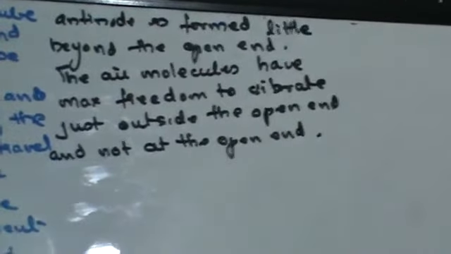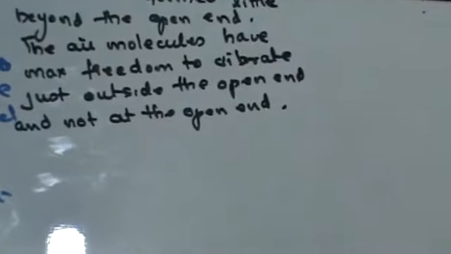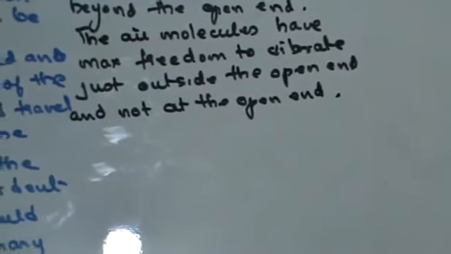Right? Therefore the length at which you would have resonance taking place would change. So I can say that the distance of the point where the antinode is actually formed from the open end of the tube is called the end correction. That means the distance between the point where the antinode is actually formed and the open end of the tube would be called your end correction.